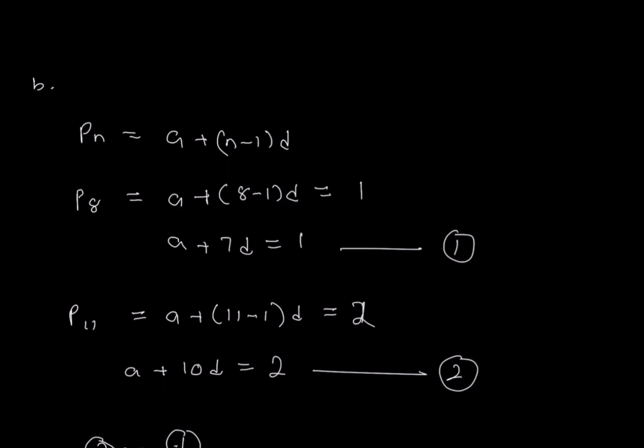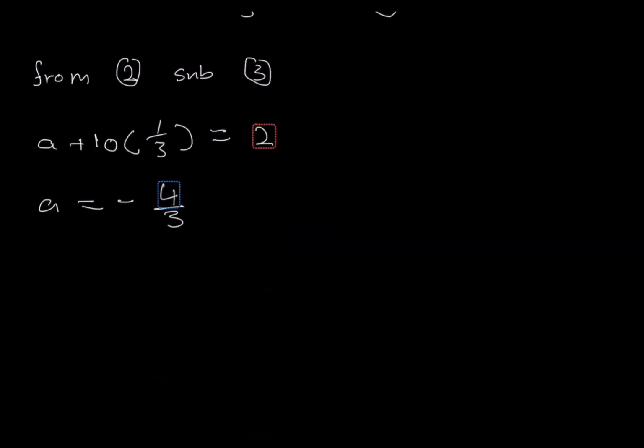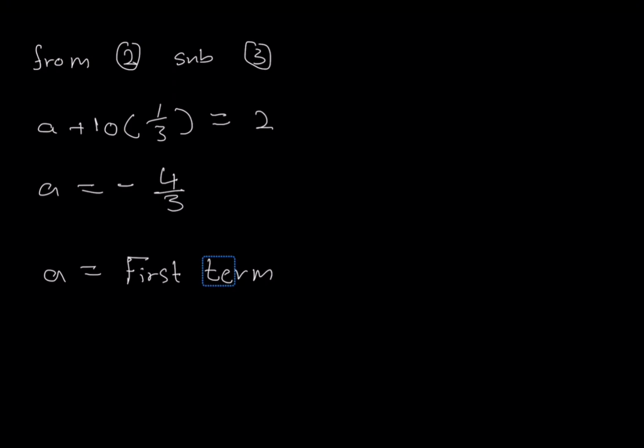We know that technically our a value is actually our first term. So therefore, P1 is actually equal to negative 4 over 3. And you are done.